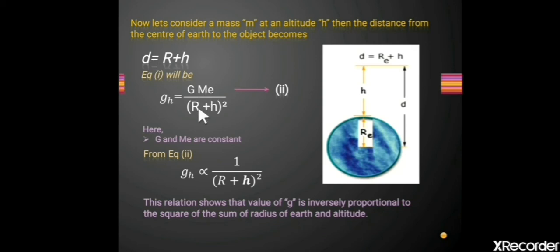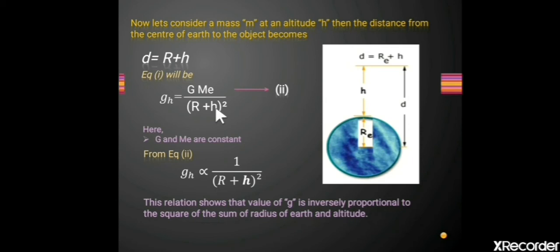and if the radius is taken from the center of the earth to a certain point, then it will also be constant. So, acceleration due to gravity depends upon the altitude. It means that acceleration due to gravity at altitude will be inversely proportional to the altitude.